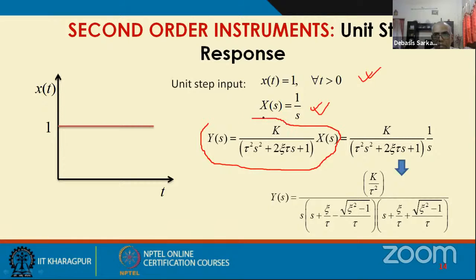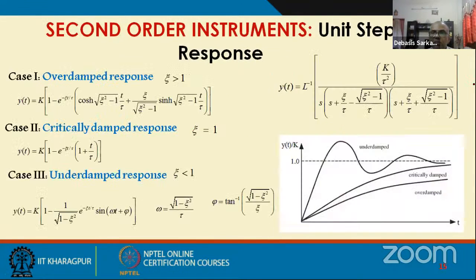This is what we have seen in the previous slide as the Laplace transformation of these second order systems. Put X(s) equal to 1 by s here, and then Y(s) can be written like this. Now you take the inverse Laplace transformation, so you get the output in the time domain, and this is what you get.